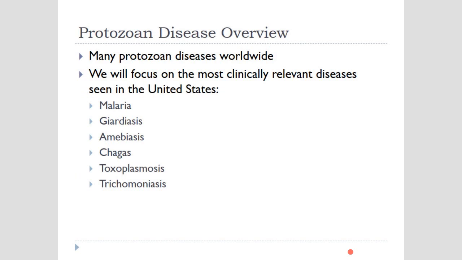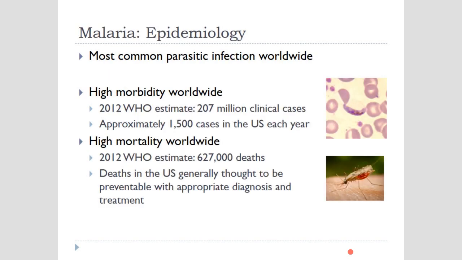But these are the six that I want you to be aware of, and I want you to know some of the basics, those five objective modules, for all of these. So today we'll just start with the first one, malaria. That happens to be the most common parasitic infection worldwide.